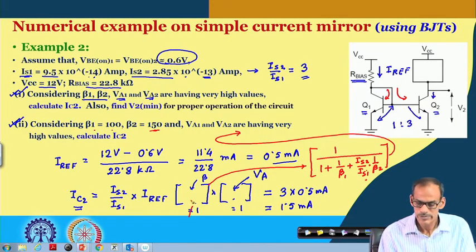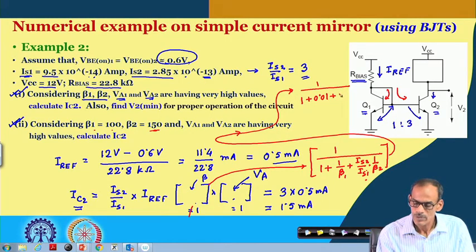So, this non-ideality factor becomes 1 divided by 1 plus 0.01, then we have 3 here and then 150 in the denominator. So, that gives us 1 by 50, which is equal to 0.02. So, that gives us 1 divided by 1.03.